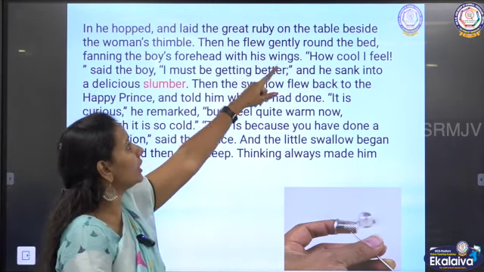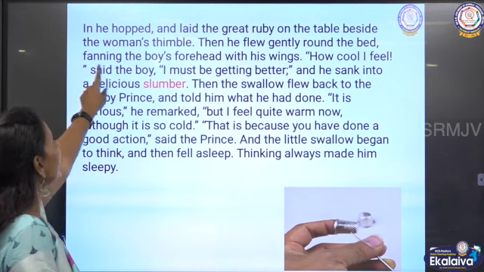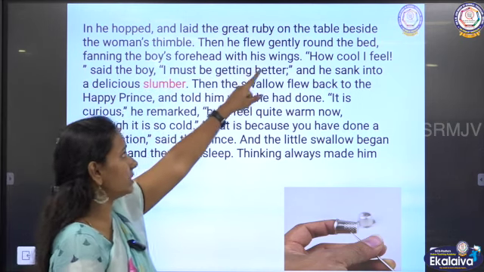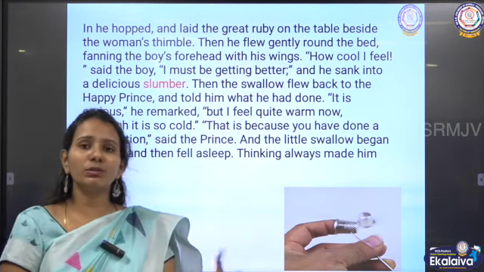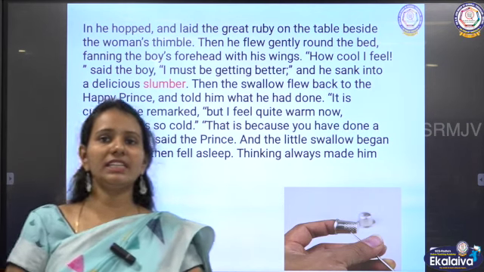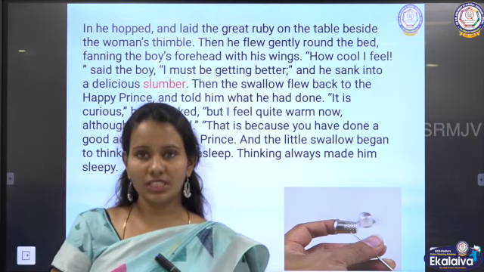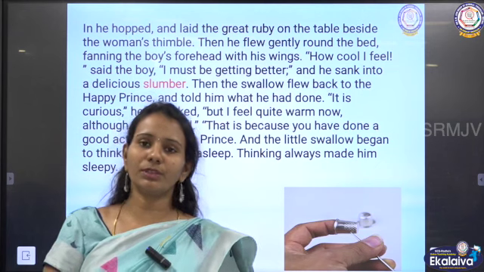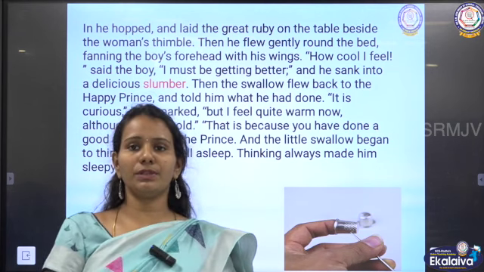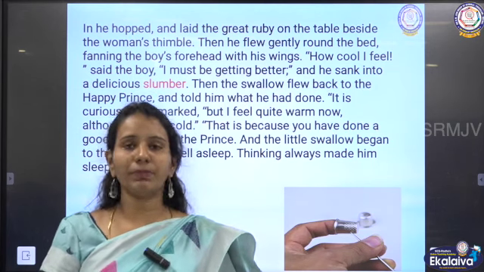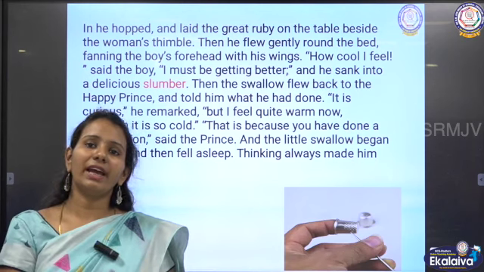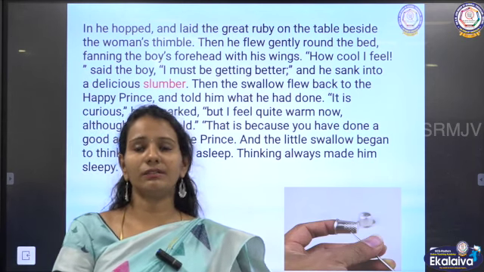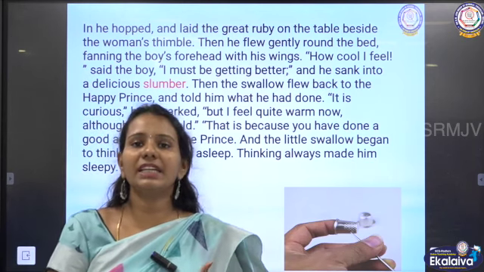Then he flew gently round the bed, fanning the boy's forehead with his wings. So, nobody was awake, so he enters and lays the ruby on the table next to the woman, so that when she wakes up, she would be able to see it. And he goes around the bed and fans the boy with his wings, so that he will get some air.